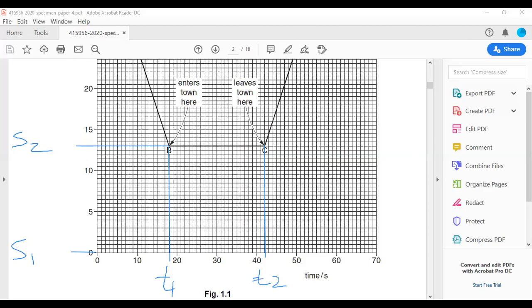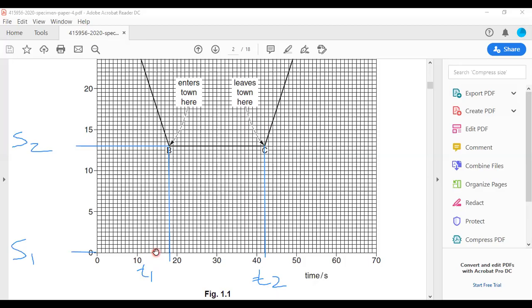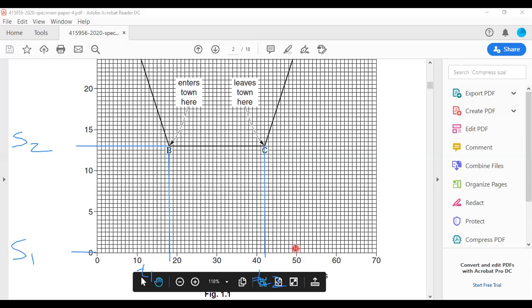Your T1 value, if we check it, here's 10, 11, 12, 13, 14, 15, 16, 17, 18, 19, 20. So we have 18 here.